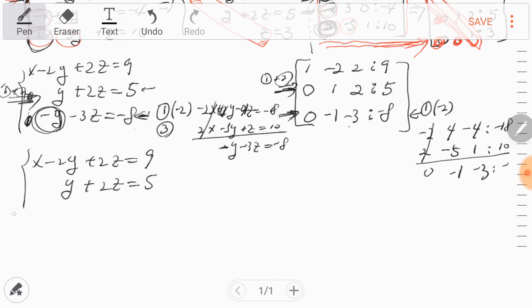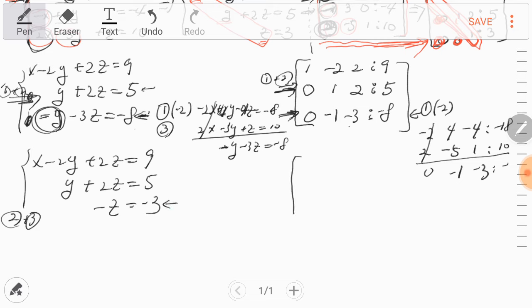So why don't we add the second equation to the third equation, because the coefficients of y in the second and third are opposite each other. So y minus y is 0. 2z minus 3z is negative z. 5 minus 8 is negative 3. So this is the third equation.